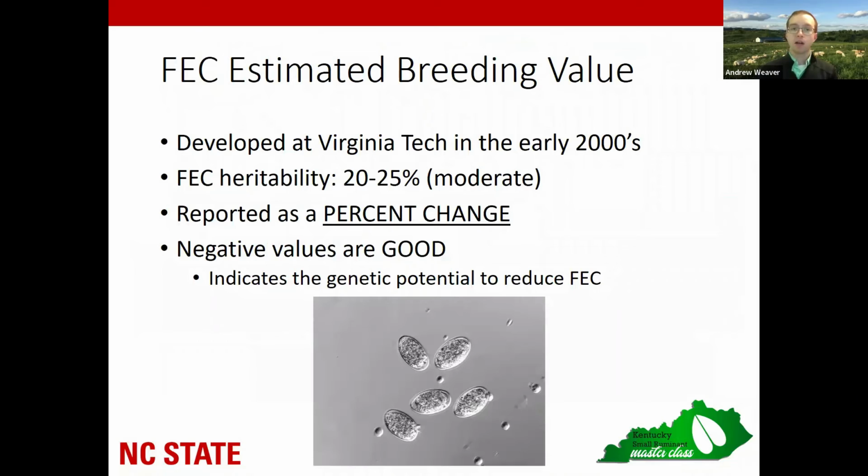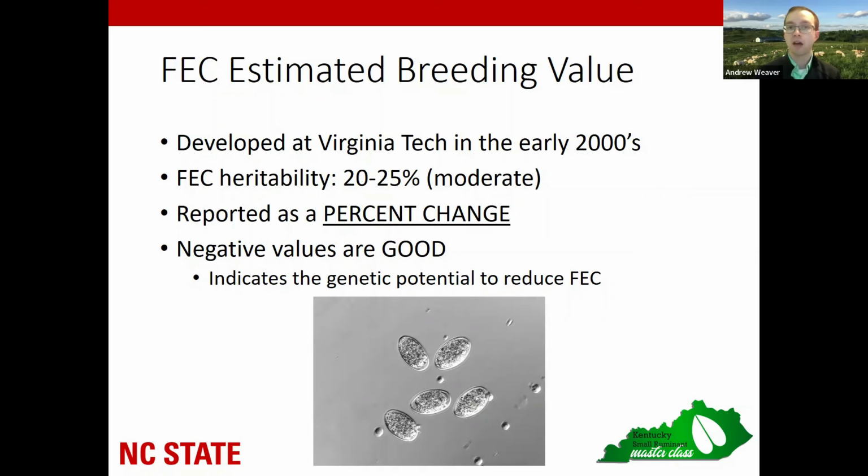We also have estimated breeding value for fecal egg count. And this fecal egg count estimated breeding value was developed at Virginia Tech in the early 2000s by Dr. Dave Notter's lab. The heritability of fecal egg count is between 20 and 25%. So as I said, it's moderately heritable, and it's reported as a percent change. So a percent increase or a percent decrease in fecal egg count.